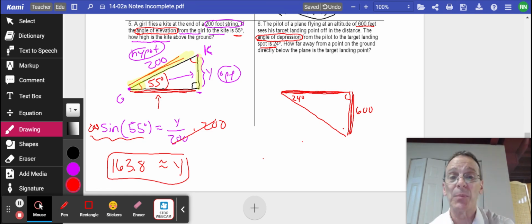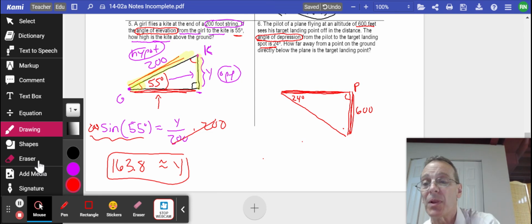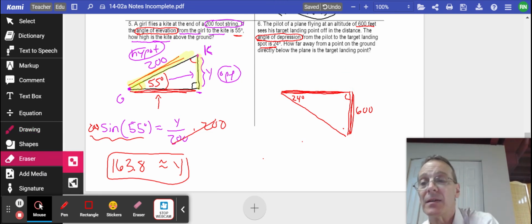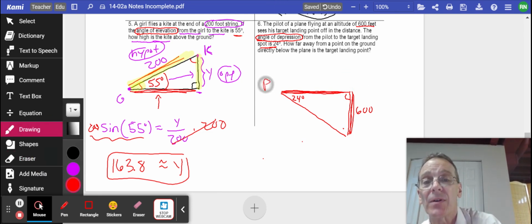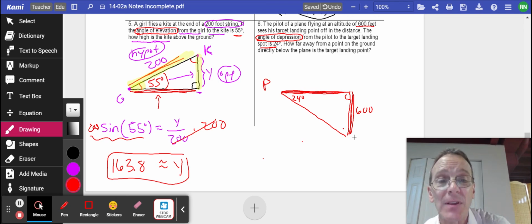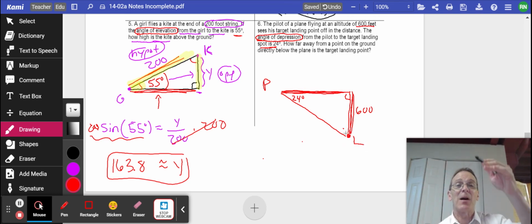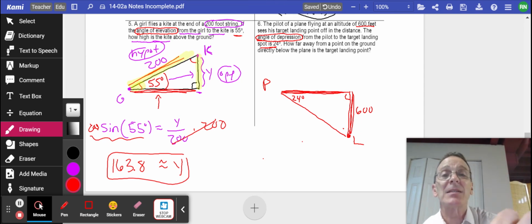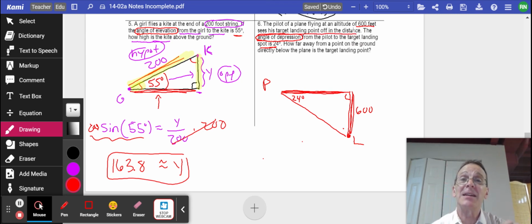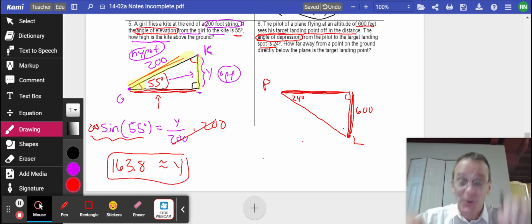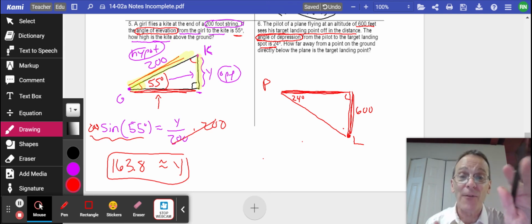The temptation here would be to put the plane right up here at the top of the right angle, but no, the plane is over here, and it is aiming for this landing point over here on the ground. The plane is not directly above the landing point. See, it says the pilot sees his target landing point off in the distance. He's not directly above it looking straight down on it. It's off in the distance.